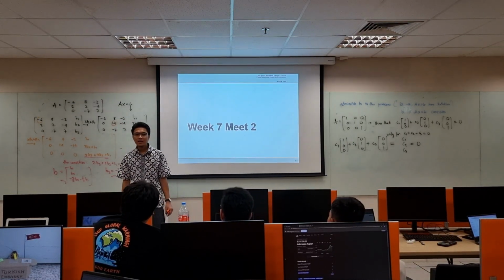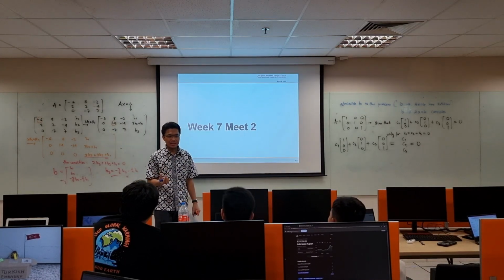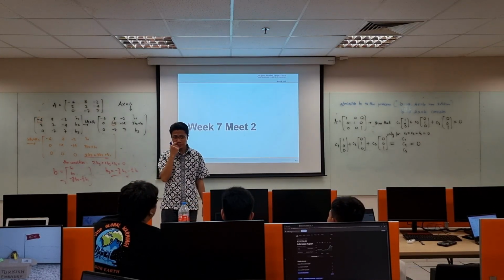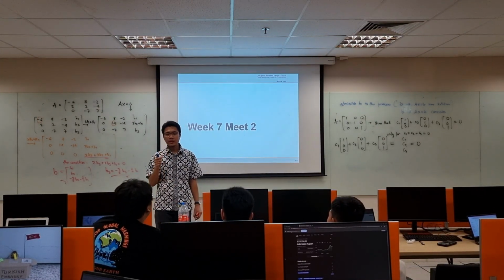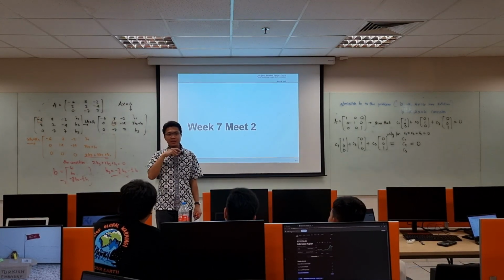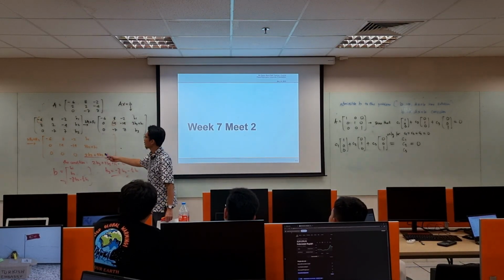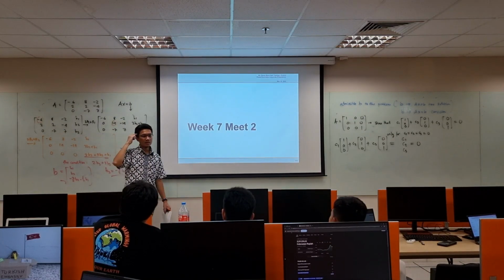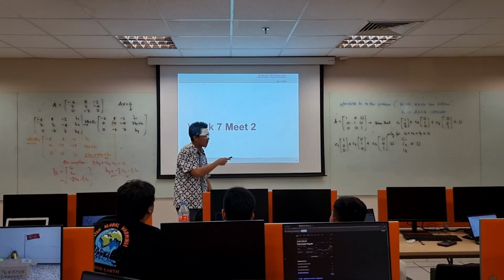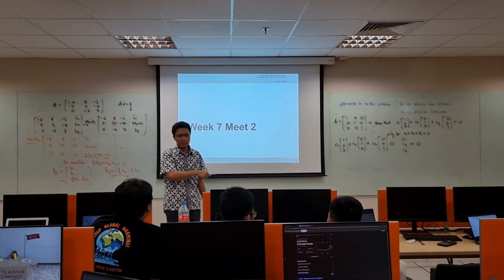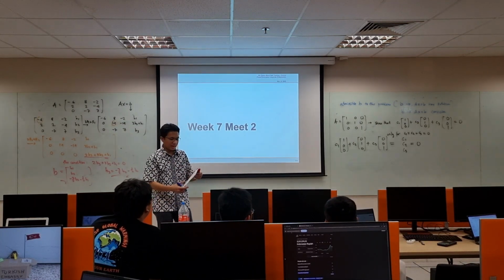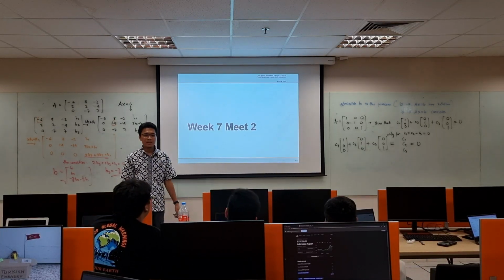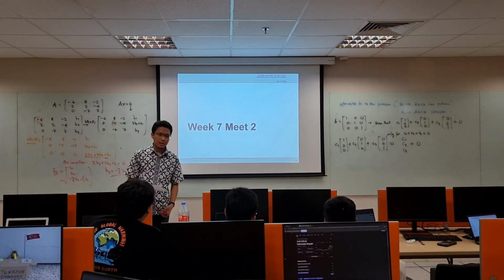Oh, I was expecting you to mention linear independence, because when you mention pivot, then you have to compute the pivot itself, right? Obviously, the pivot is there already. Okay, but that's the same meaning.